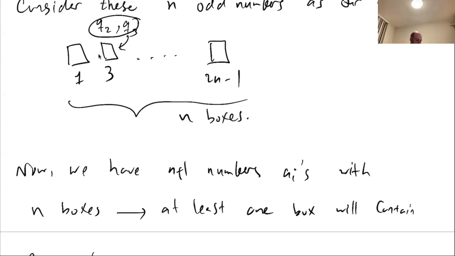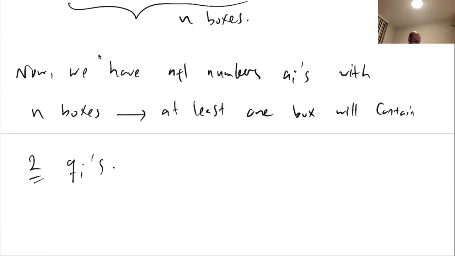If the box is 3, I have 2 QIs inside the box corresponding to the number 3, then both of those QIs are equal to 3, and therefore they are equal, right? So when I say at least one box will contain 2 QIs, this means that 2 QIs are equal.